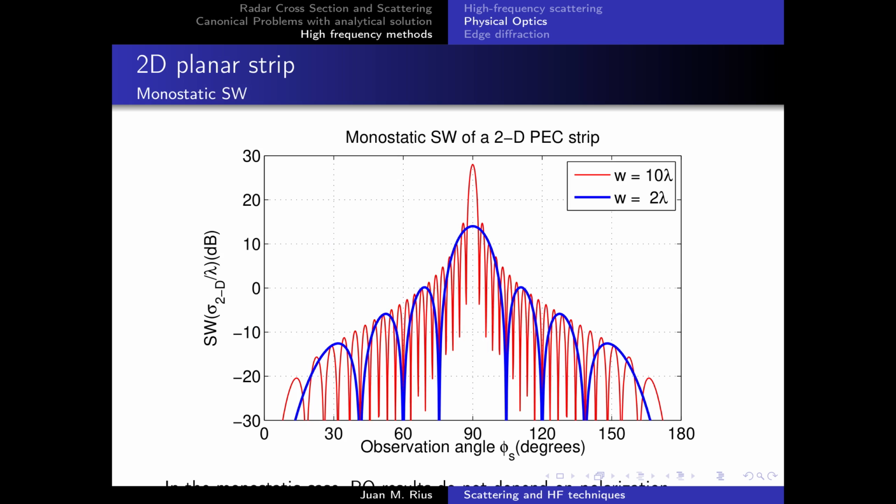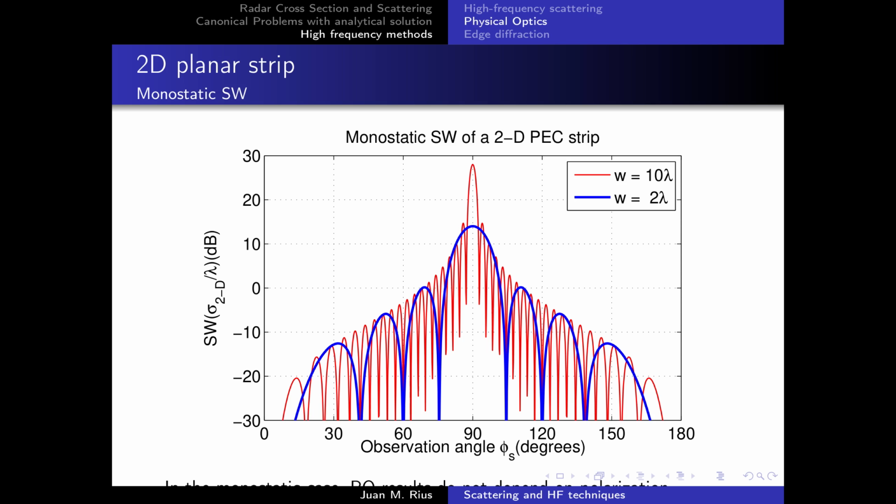And this is the monostatic RCS in the case of two strips, one strip of 10 lambda and the other of 2 lambda. Of course, the larger strip has a narrower beam because it concentrates more. It is more similar to an infinite plane that concentrates the reflection in the direction of specular reflection.